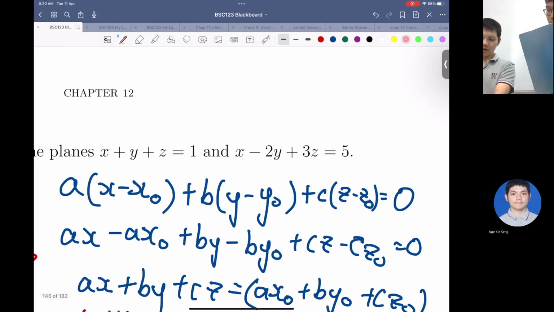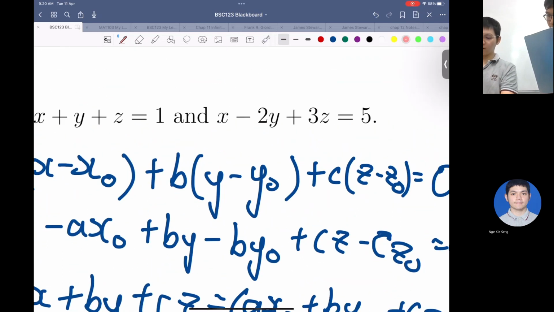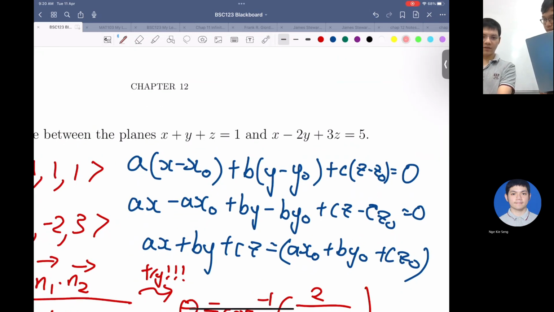If you see the original form, you can tell everything: which point is on the plane and what the normal vector is, but only when it equals 0. If it equals something else, you cannot say anything. So this equal to 0 is the crucial part.